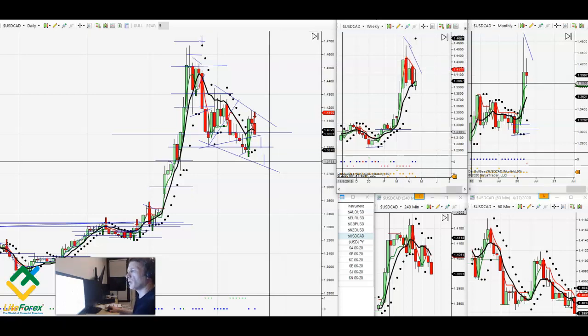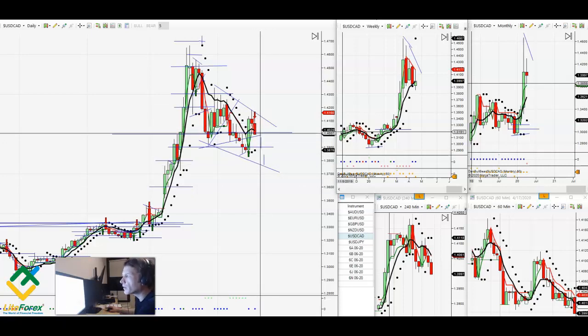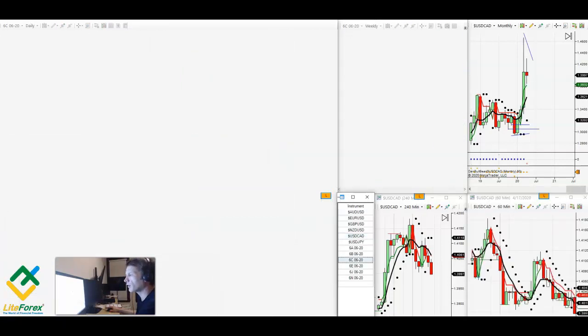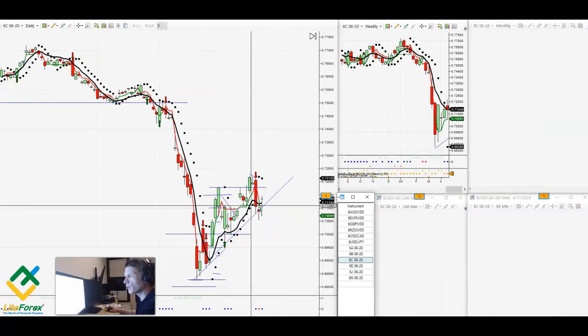So yeah, this one definitely looks like it could be trending that way, and it could turn around, it could break out. This could have a breakout next day and take off like this, and then that would make me change my mind. But let's take a look at the Canadian dollar to see how that's setting up.